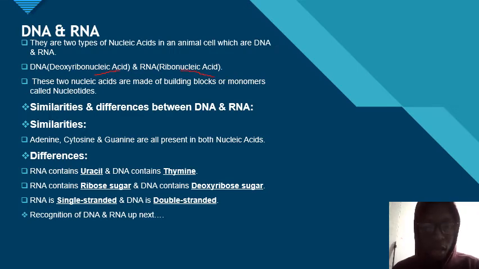These two nucleic acids are made of building blocks or monomers, and these monomers are called the nucleotides. A nucleotide is something like this: we have the phosphate group, which attaches to the sugar molecule, which attaches to a nitrogenous base.